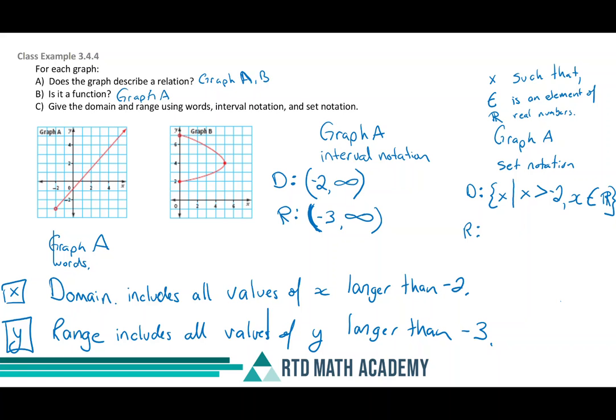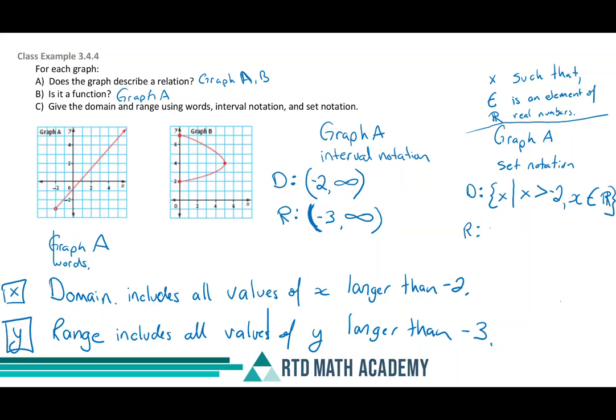Okay, we don't get to complex numbers in high school. You'll get to complex numbers in university if you so choose to continue with math. But for us, we're going to say X is an element of the real number system. That's what these three symbols together mean. XER is not how you say it. You say X such that X is an element of the reals.